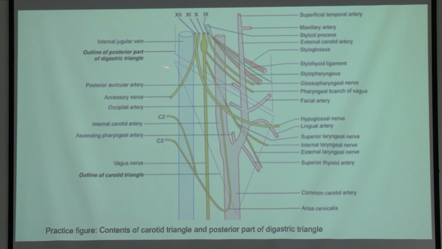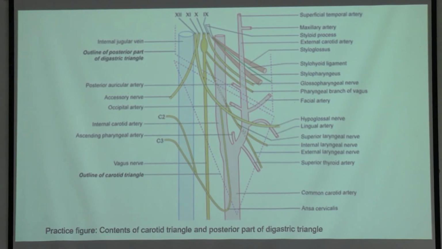Within the carotid triangle, we can get not only the external carotid, but also the internal carotid, which remains lateral to the external carotid. And most laterally we get a vein which is coming from above, from the cranium.